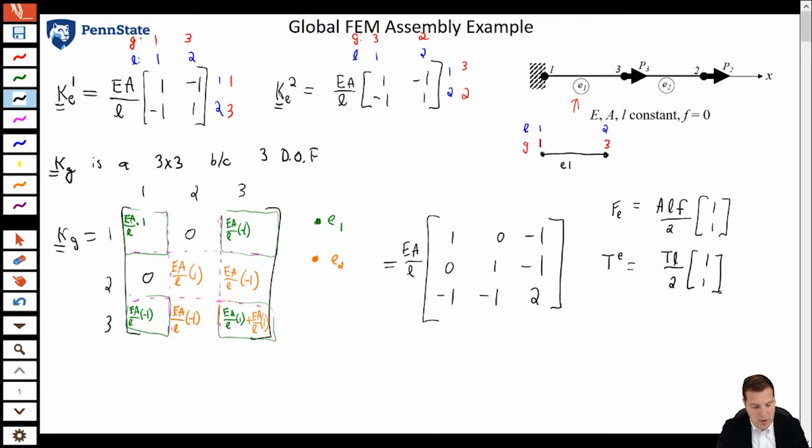If you remember, that equation was F globally, these are vectors, equal to the sum of Fe plus Te plus the point forces. So this should probably be a lowercase.